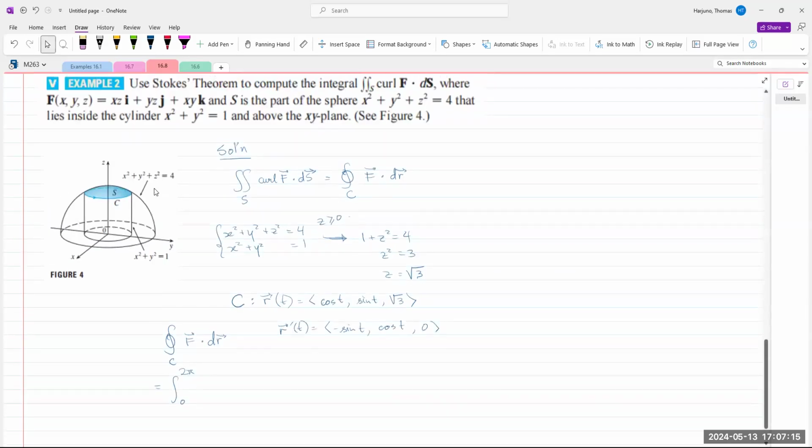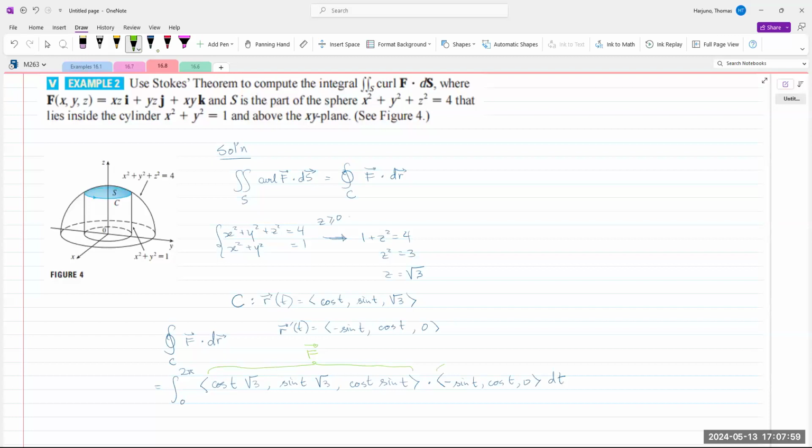What is the F again? The F is: x z is cosine t times radical 3, y z is sine t times radical 3, and xy is cosine t sine t. That's the vector field F, dot r prime t, which is negative sine t, cosine t, 0 dt.